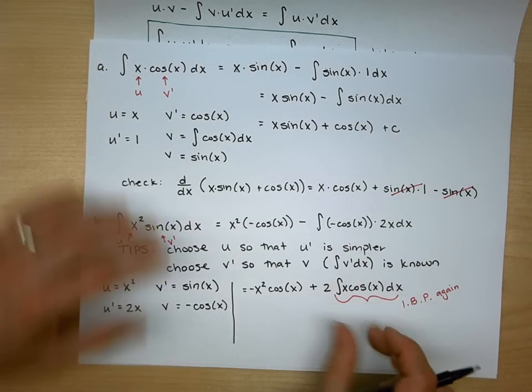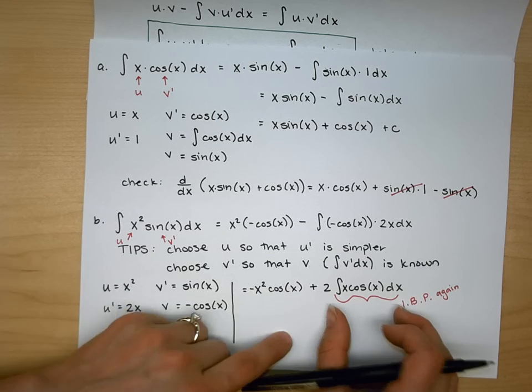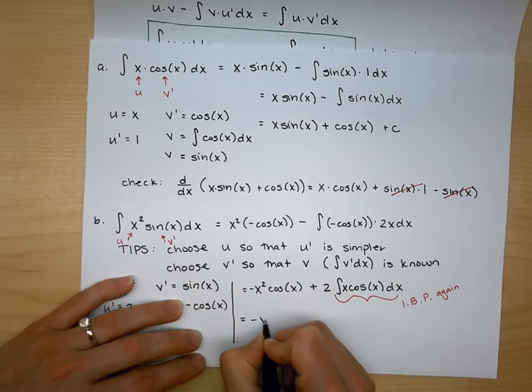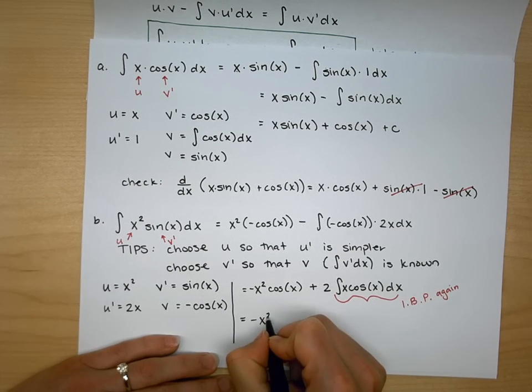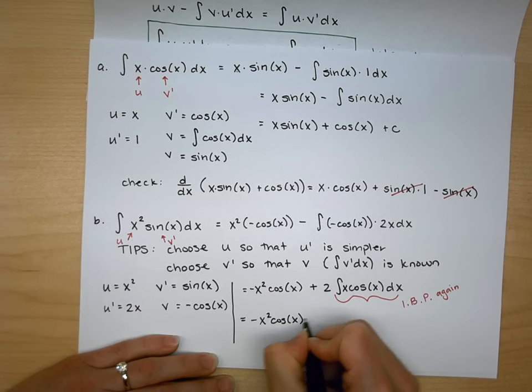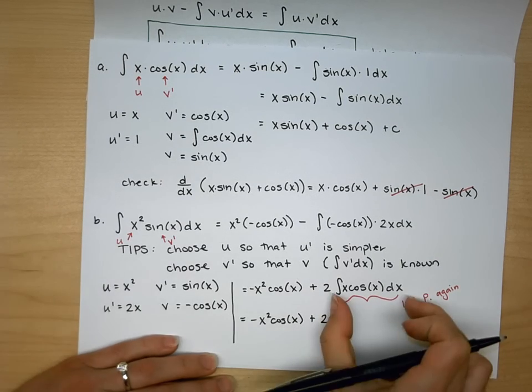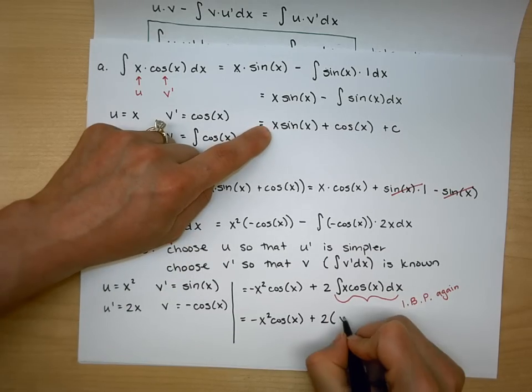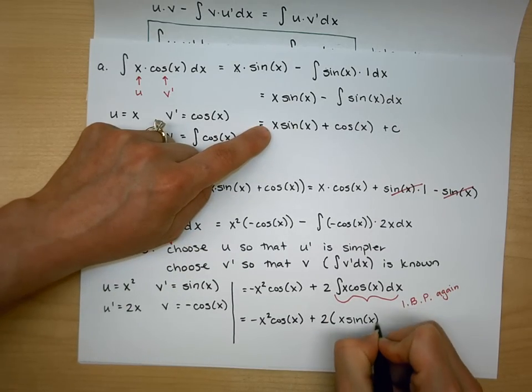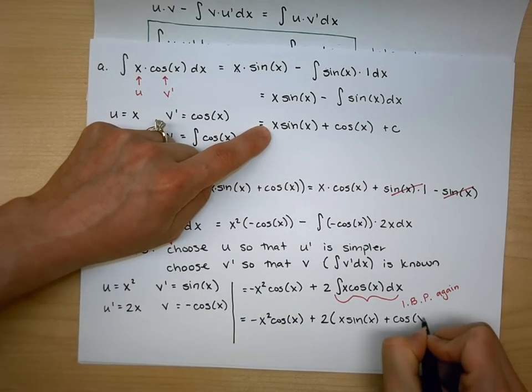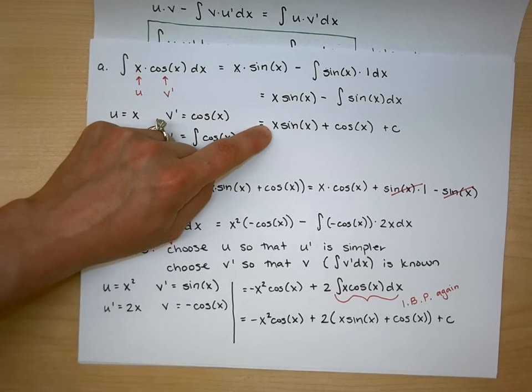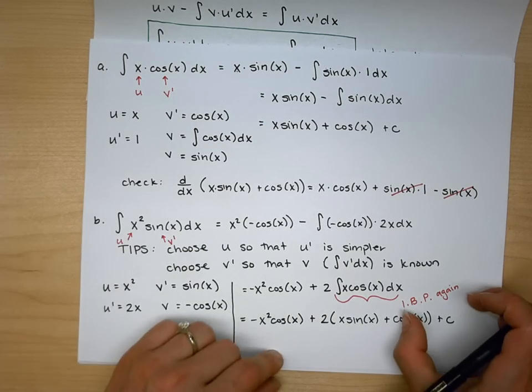But if we didn't have this from before, we would use integration by parts again and pick our u and pick our v prime. So I have 2, and then from up here, x sine x plus cosine x plus c. So sometimes you'll have to use integration by parts more than once.